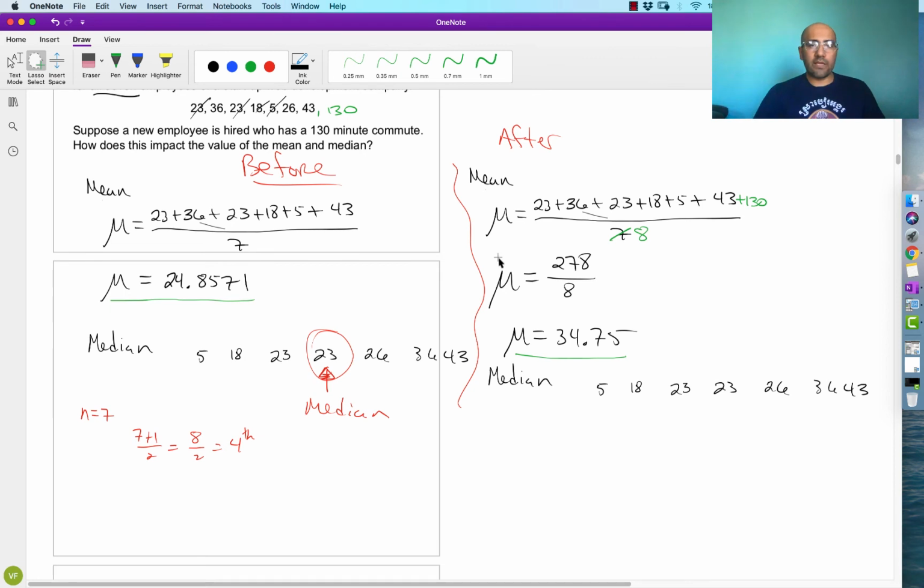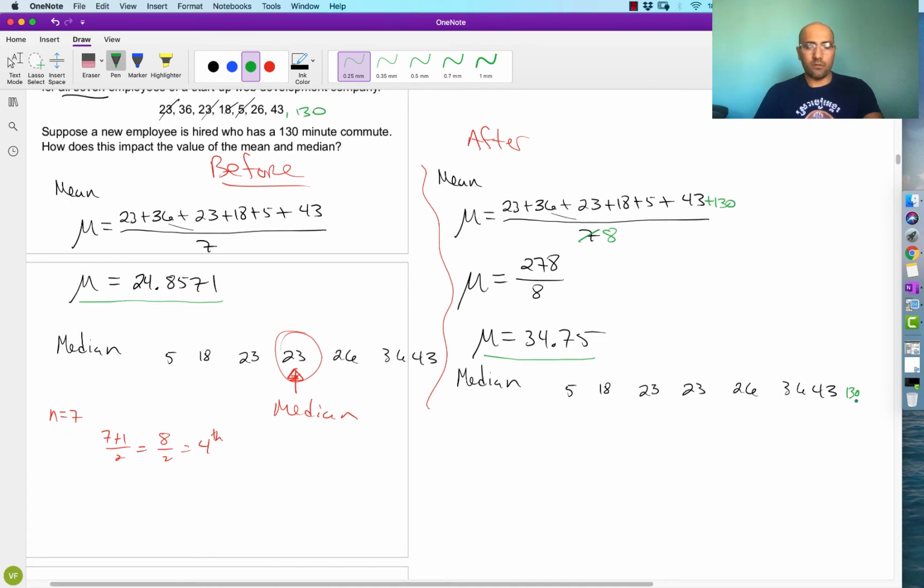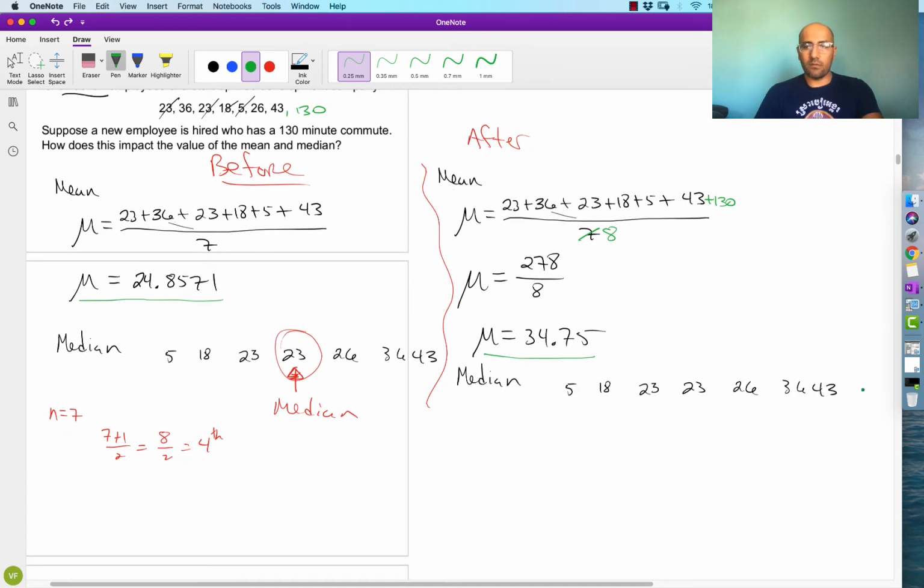All right, so now when we're thinking about the median, that's just going to add one more number way over here at 130. Toss that guy in there. Okay, that means that now we have 8 entries instead of 7.